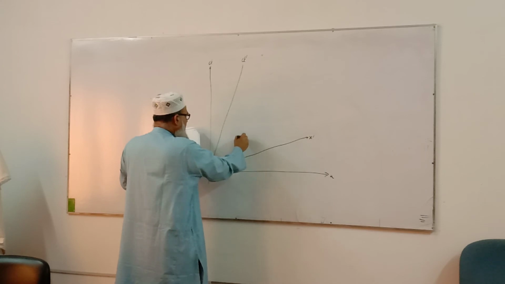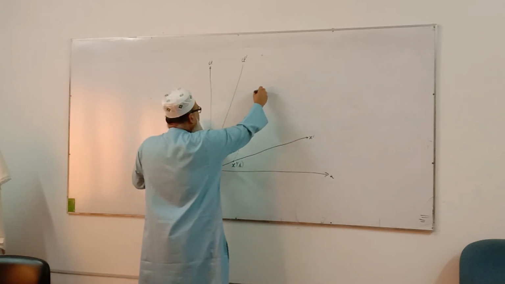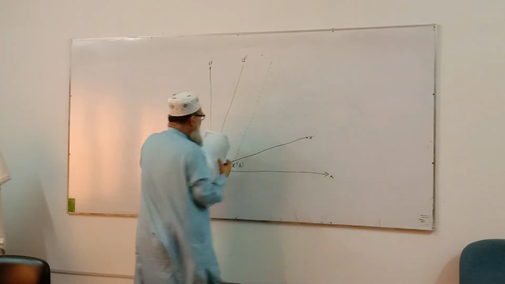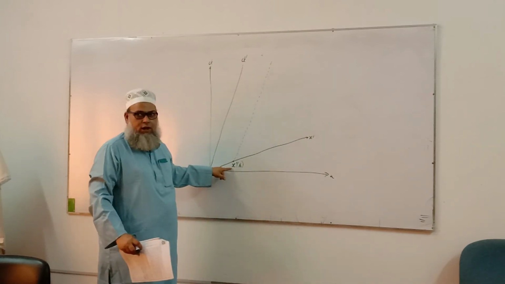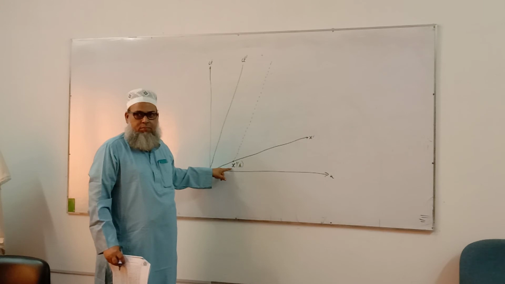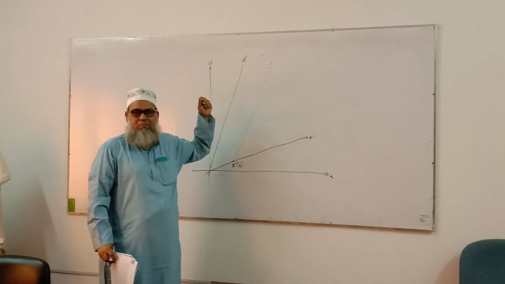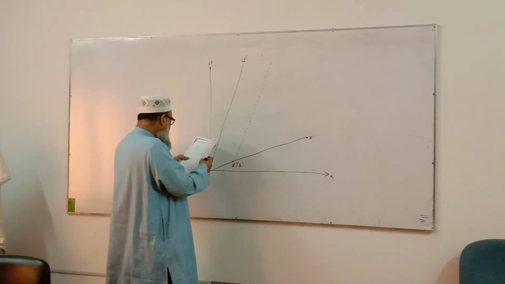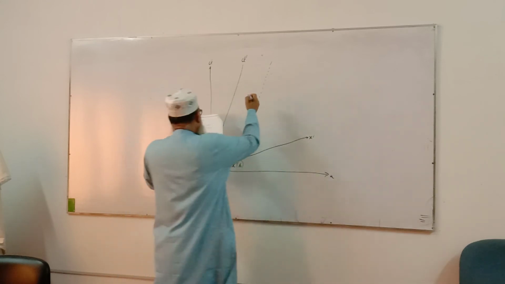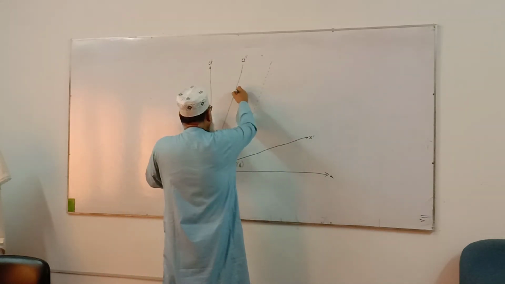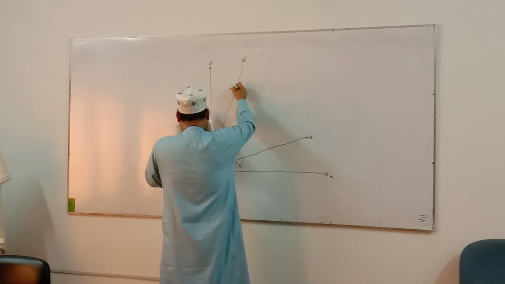Now draw a line parallel to the ct prime axis. On this line, what will be x prime? Same. Then again we can do another thing. Take a time t prime.